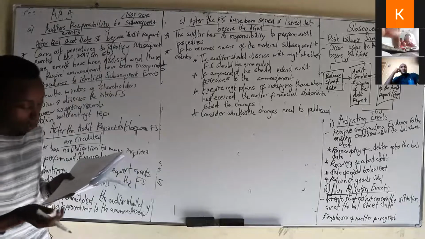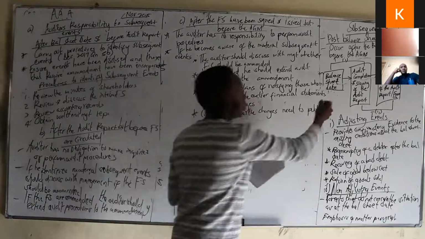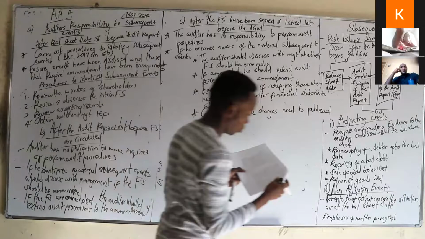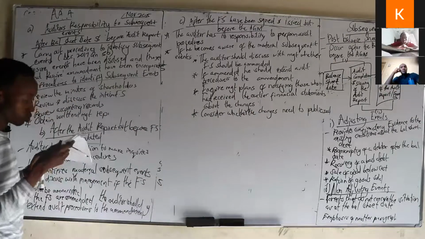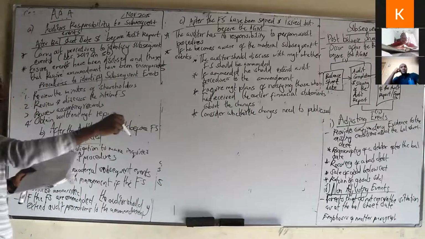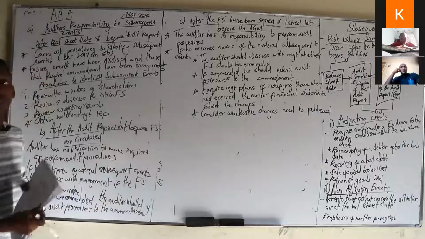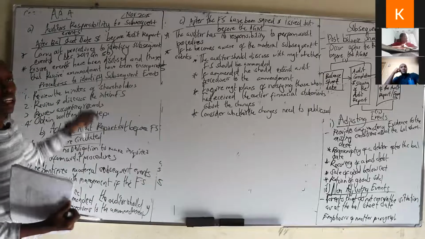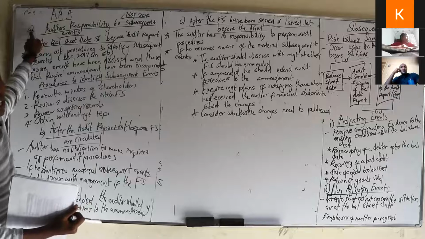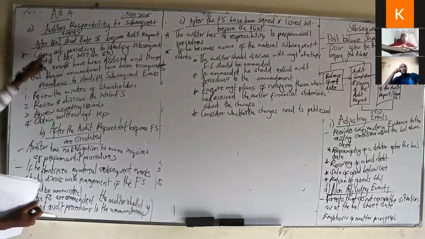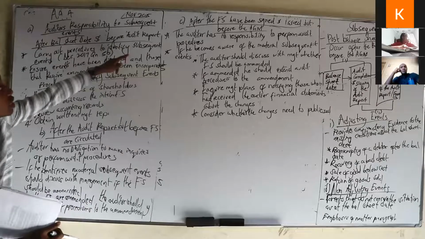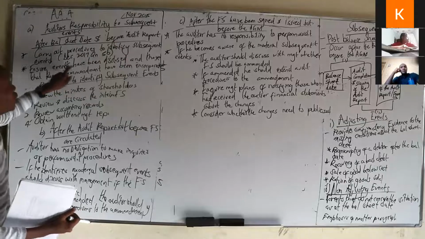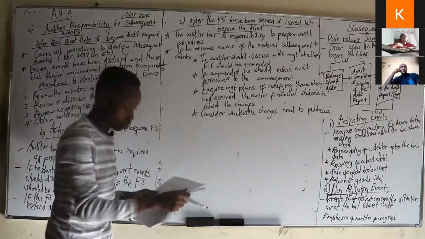That is the period between the balance sheet date and when the audit work is to be completed. Which responsibilities are you going to write? For A, you're going to say that he should carry out procedures to identify them and ensure that events have been disclosed.